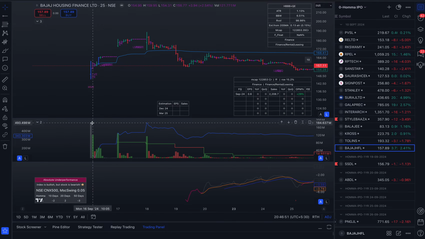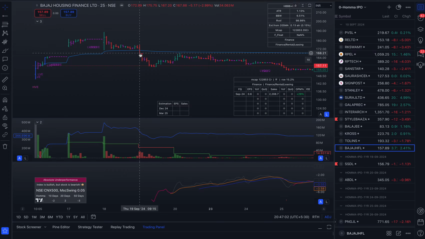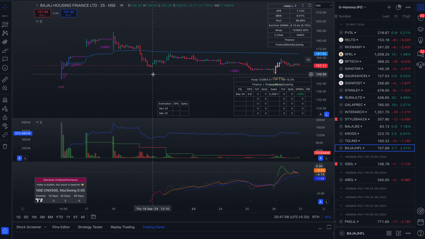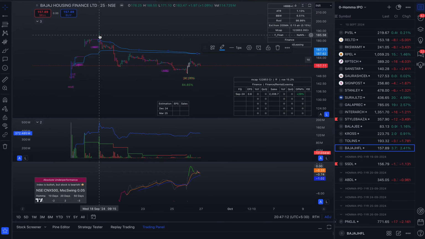Because this is the day the IPO listed, so there's a lot of volume. Trading volumes actually start from the next day or the next candle, and you can clearly see that this candle was the one where the bulls threw up their hands, and price went below that. Once that happens, you can use swing highs to re-anchor from here. Right now it's going below it.